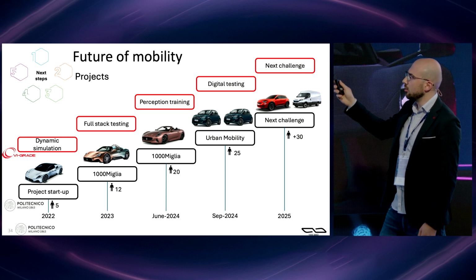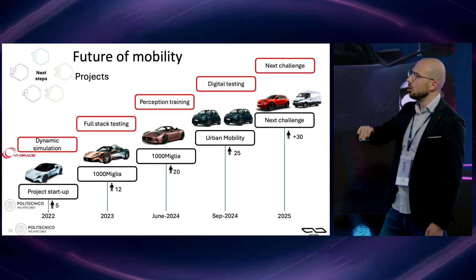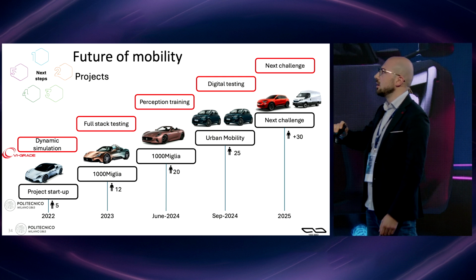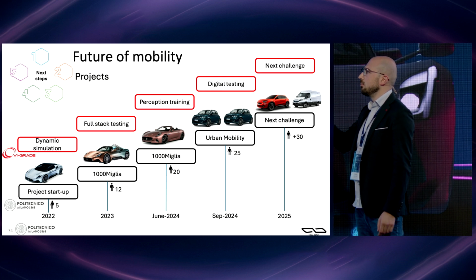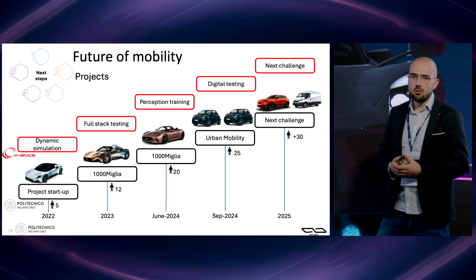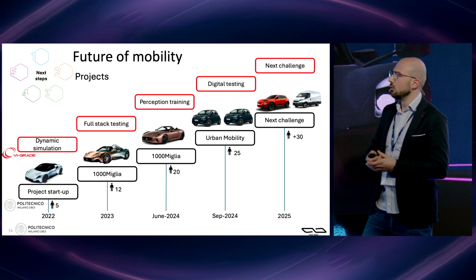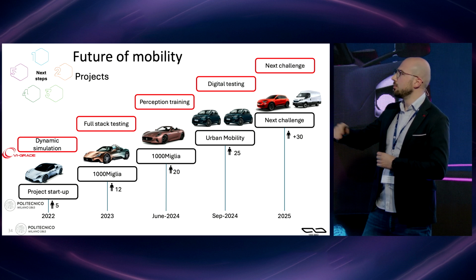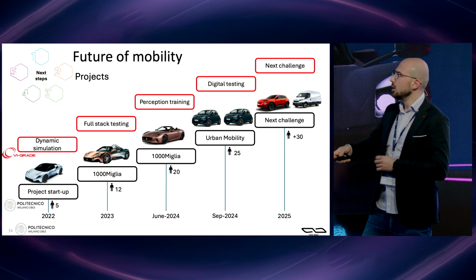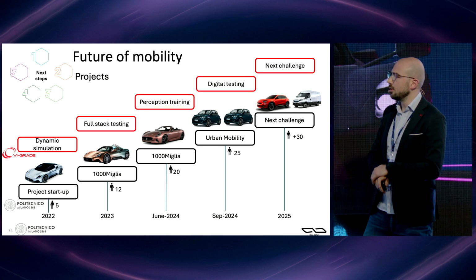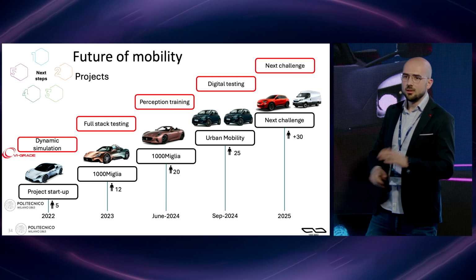With the great increase of the project, VI-Grade is also following us, giving much more presence in our, let's say, long-term view, from the dynamic simulation up to the perception that I showed you today, and more on the next challenges.